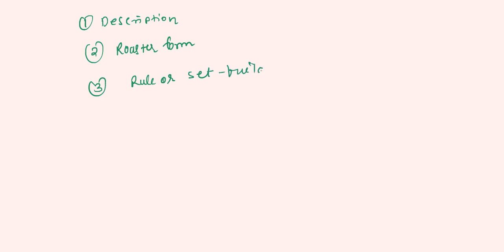Set builder is usually given in questions. So three we are having: description method, roster form, then set builder method. In the exercise only we are having roster method and set builder method.